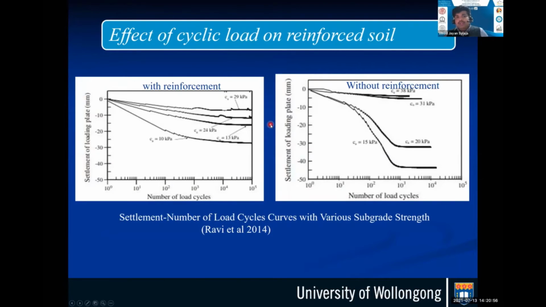Now, when it comes to cyclic load, we could only find very few works on coir geotextiles. What I'm showing here is work on geosynthetics, and how the settlement responds with and without reinforcement under cyclic loading. You can see that is without reinforcement and that is with reinforcement, showing how the settlement is controlled for different subgrade conditions.